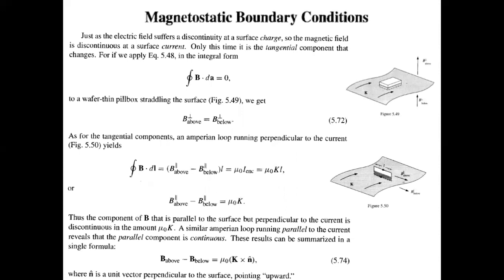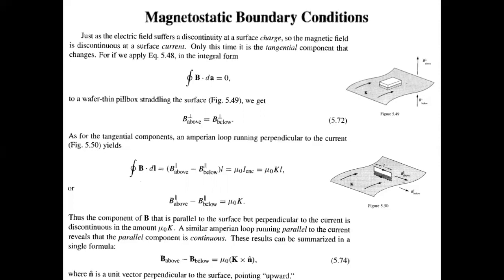The boundary conditions of magnetostatics are also interesting, and in some problems we may encounter them. Just like the electric field suffers a discontinuity at a surface charge, the magnetic field is also discontinuous at a surface current. Only this time it is the tangential component that changes.